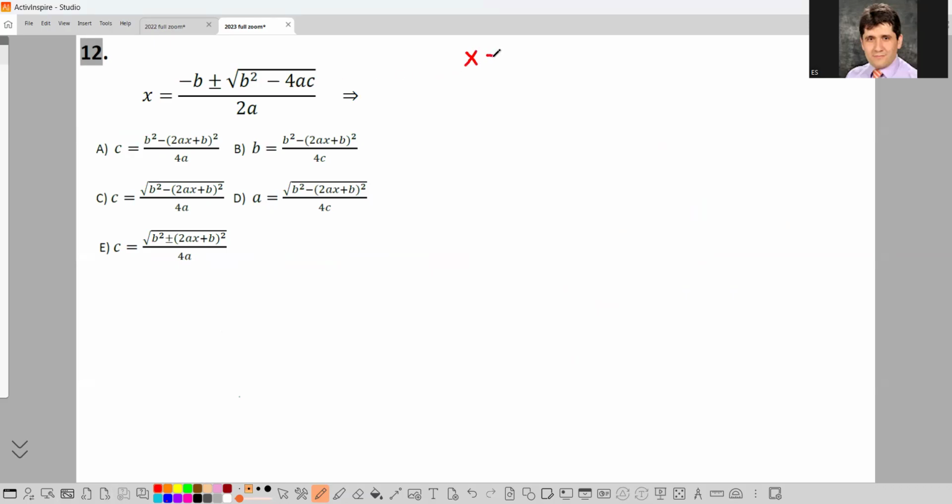So I have x is equal to negative b plus or minus the square root of b squared minus 4ac, over 2a. So I get 2ax is equal to negative b plus or minus the root of b squared minus 4ac.